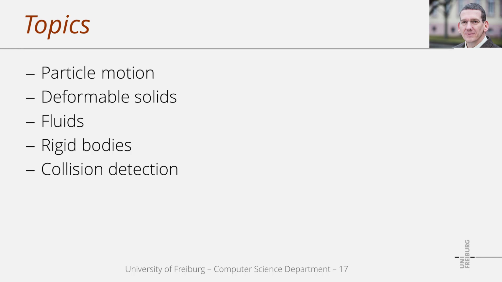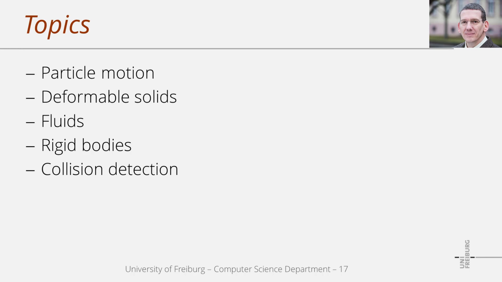Another important difference to fluid or deformable particles is the fact that we consider the orientation of a rigid body in a simulation. For fluid and deformable particles, we typically do not have a notion of an orientation, but for a rigid body, we have the notion of an orientation. And therefore, rigid body simulations do not only compute the position of a body over time, but also the orientation of a body over time.